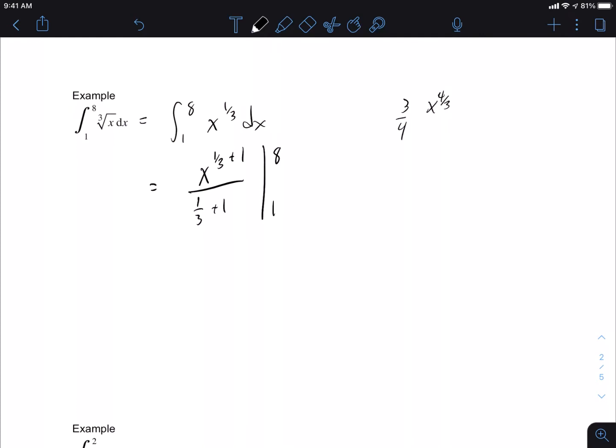But when I take the derivative of that, don't I get 3/4 times 4/3 x to the 1/3? Which is x to the 1/3 exactly. So here's the thing with this stuff. You should always know exactly what you're doing and where you're at, because you can always check your work.